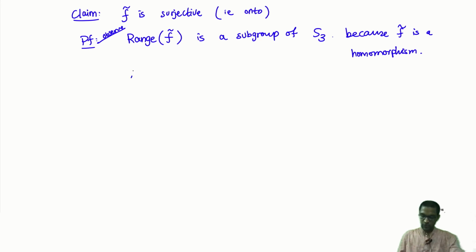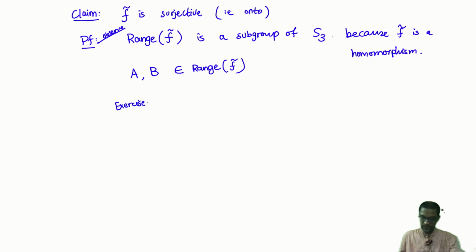Now what more do we know? We know that the elements capital A and capital B both belong to the range. So the range is a subgroup of S3 that contains capital A and capital B. Then all you have to check is that it contains all the other elements of S3 as well. In other words, I can get every other element of S3 by taking products, for example, of elements A and B. Let me leave that little bit as an exercise.